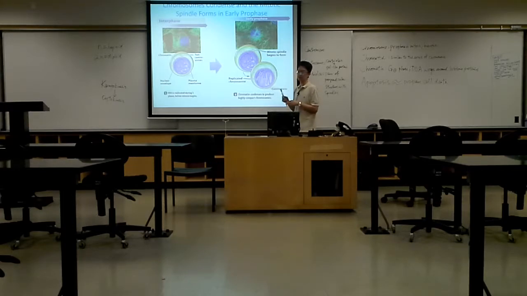The first stage in mitosis is called prophase. During prophase, several things happen. One is that the chromatin condenses or packs into chromosomes. So this is the first thing that happens. Chromatin condenses to become chromosomes.